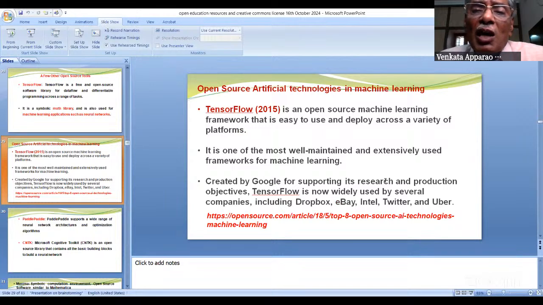Developed in 2015, it is a well-maintained and extensively used framework for machine learning. It was created by Google for supporting its research and production objectives. TensorFlow is now widely used by several companies, including Dropbox, eBay, Intel, Twitter, and Uber.